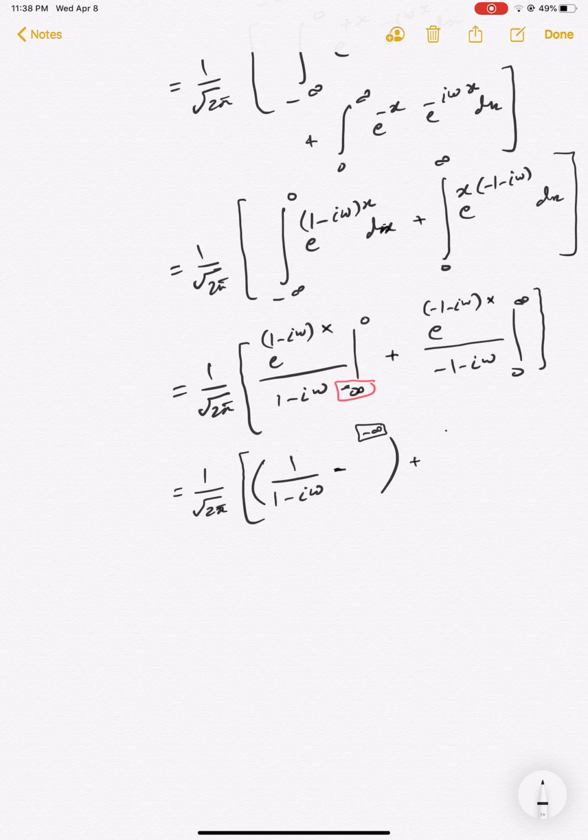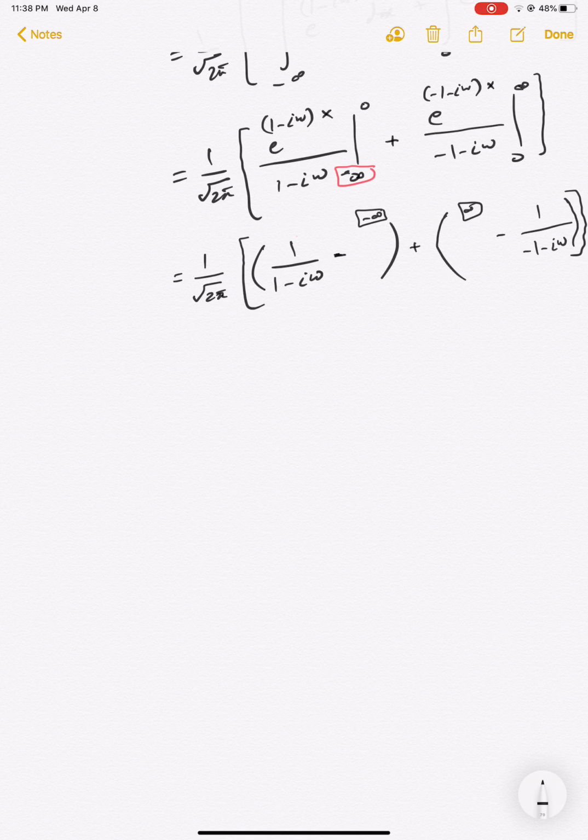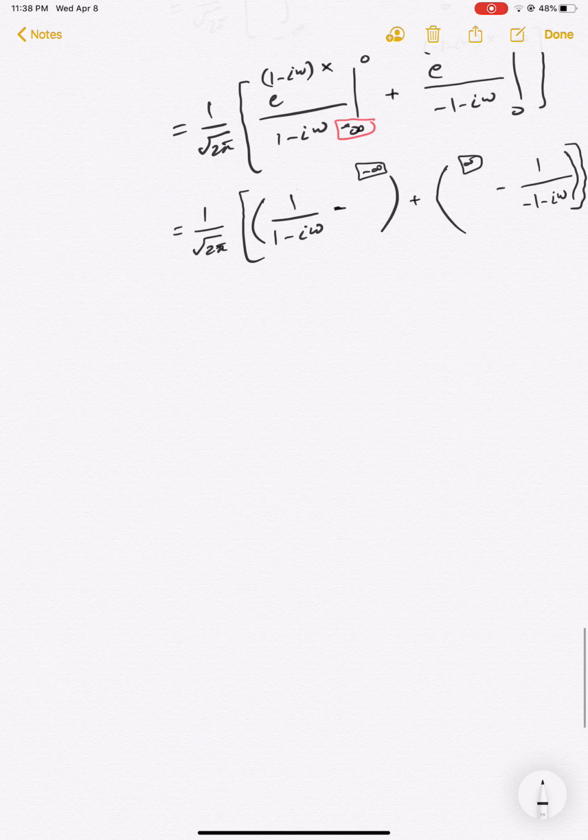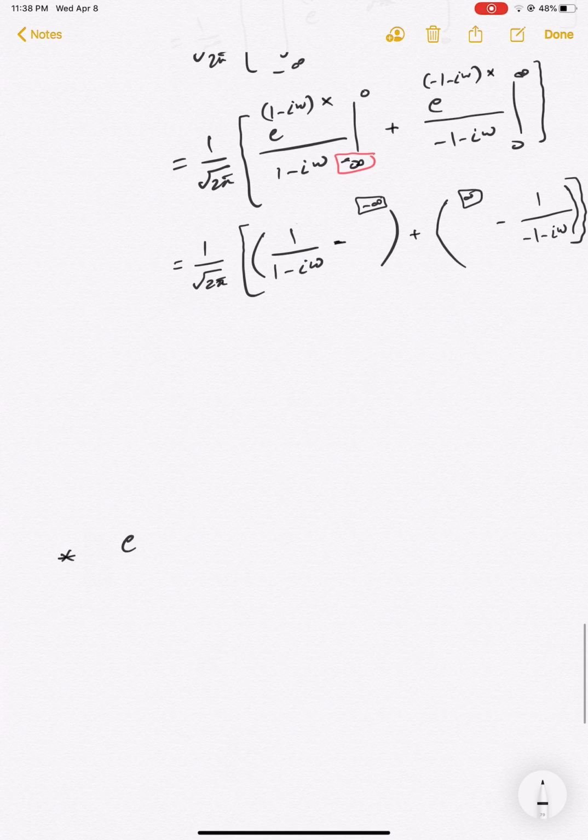Then, plus, in the other bracket, you will have something when you plug in the infinity, minus, when you plug in the 0, 1 over negative 1 minus i omega. Let's leave some space there, because I like to show you the computations. What happens when you plug in the negative infinity?